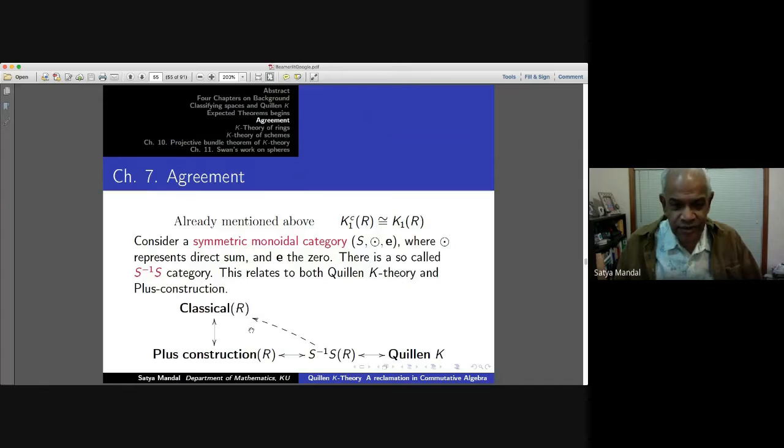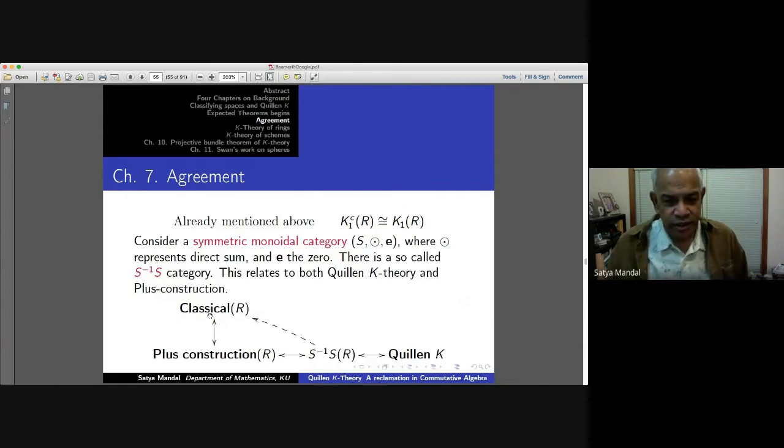Okay, classically, what happened is they define something called the plus construction. They define the S inverse S construction. They define the Quillen category, which I did. Now the S inverse S construction reconciles these two sides, and classically they knew that the K-theory you get using the plus construction coincides with the classical K-groups in classical K-theory.